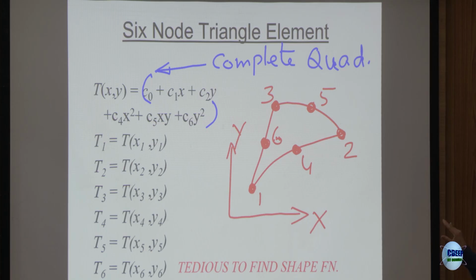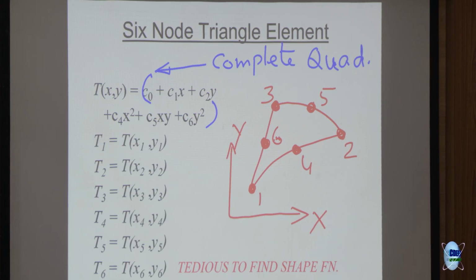So you realize that you have 6 terms in the complete quadratic polynomial. Now I know intuitively, it's very easy to understand. When I substitute x1, y1, it should give me t1, t2, t3, t6. But now imagine I ask you to find out c1 to c6 in terms of t1 to t6.